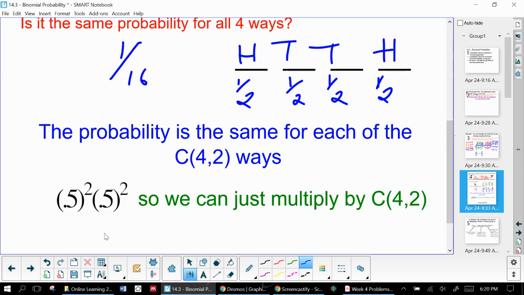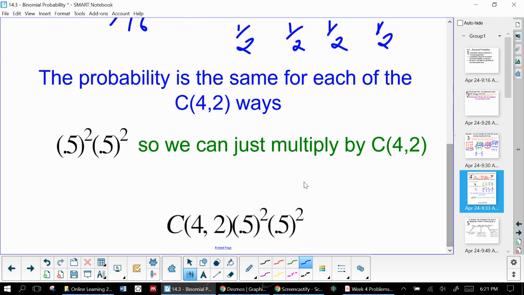Now what this is showing is the number of heads and the number of tails. Each of the heads, there were 2 of them in our case, had a 0.5, or 50% chance, and there were 2 of those. Each tail had a 50% chance, and there were 2 of those. And so our final expression here is going to be 4 choose 2 times 0.5 squared times 0.5 squared.